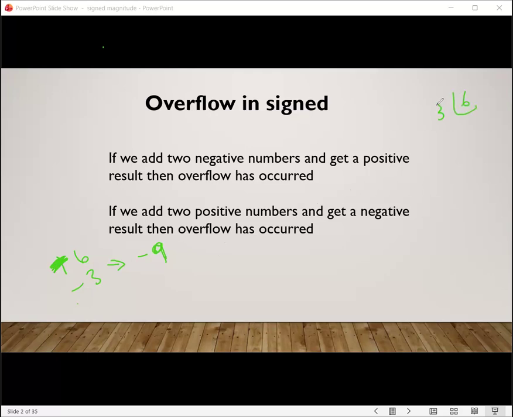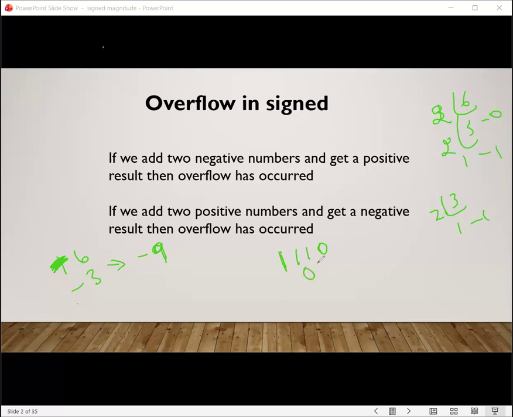So what is the value of 6? 101, 110, right? For a negative number, we put one more 1 here. For 3, 011.